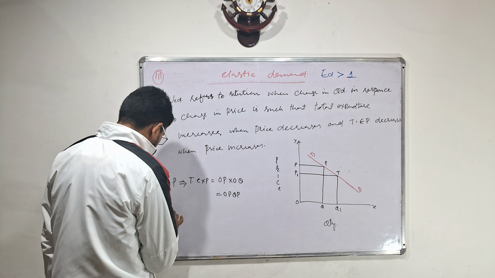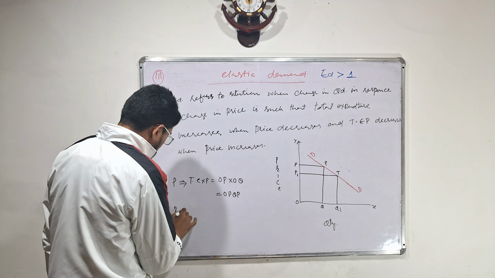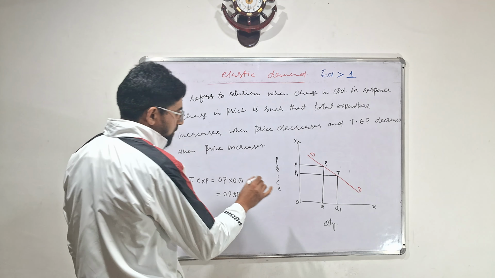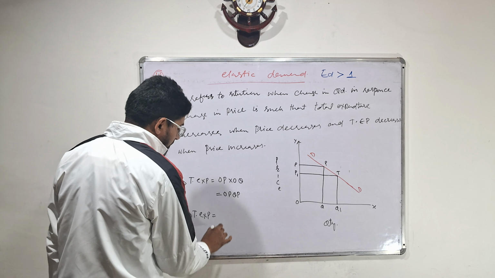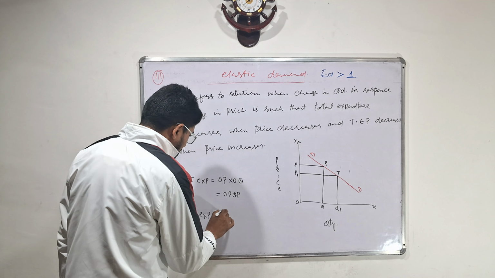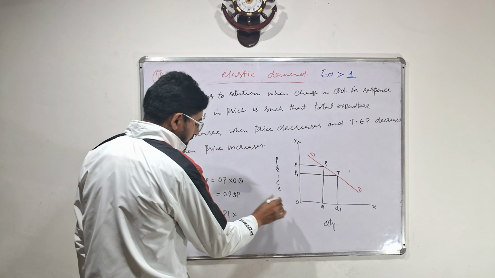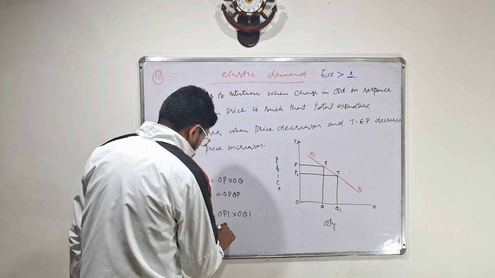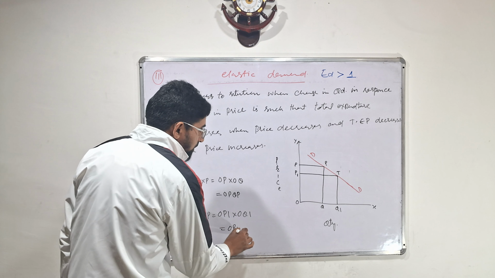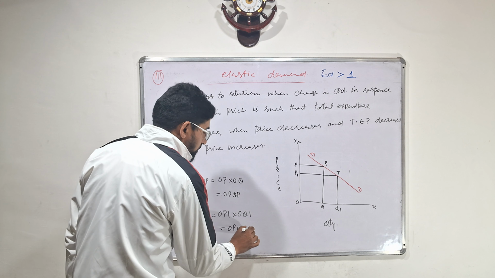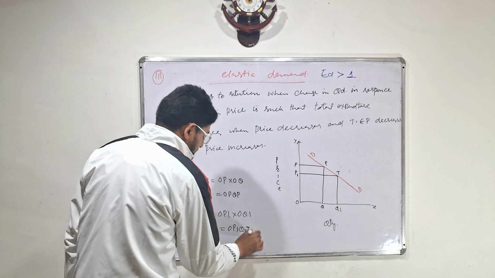Now in the second case, at P1, the total expenditure will be equal to OP1 multiplied by OQ1, which is the area OP1 Q1 T.